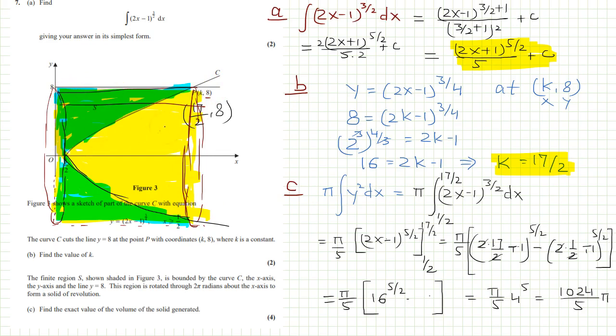Now this is a cylinder also. The radius is 8, and this is the radius.